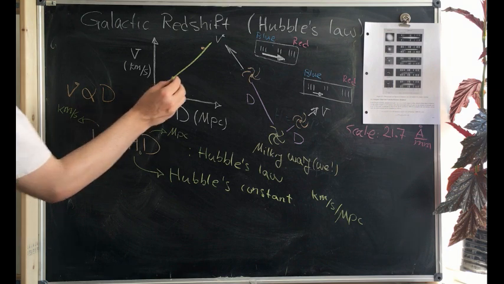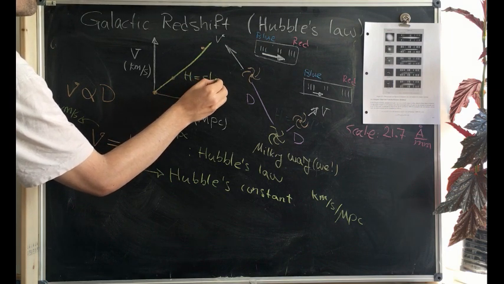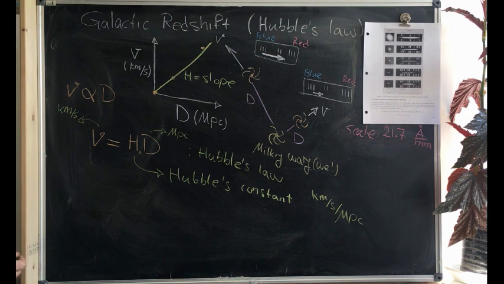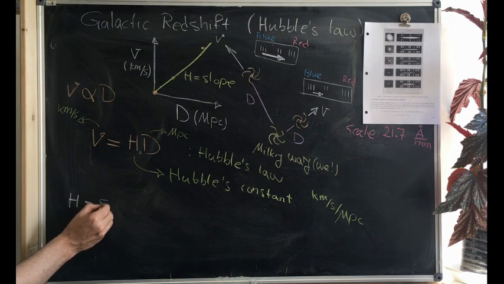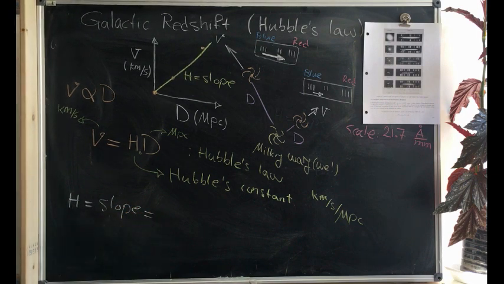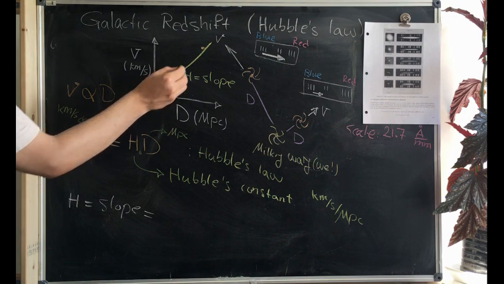If we have this plot, we can use the line to find this constant. Basically, h is the slope. If we have this slope, we can calculate Hubble's constant. We can use 2 points to calculate the slope.